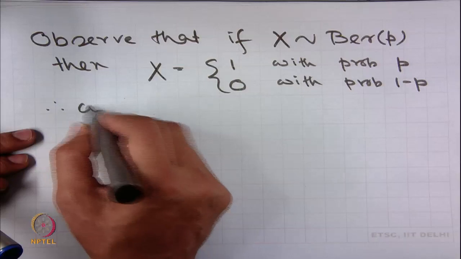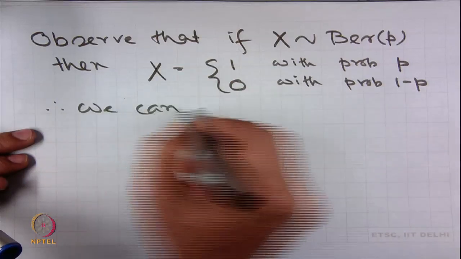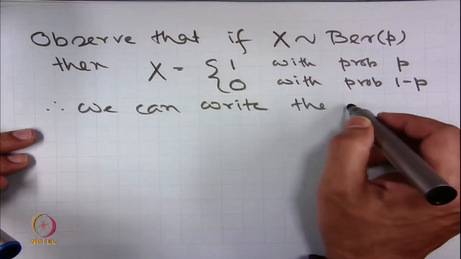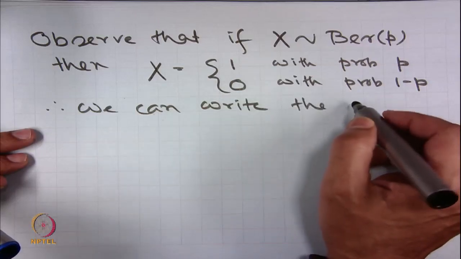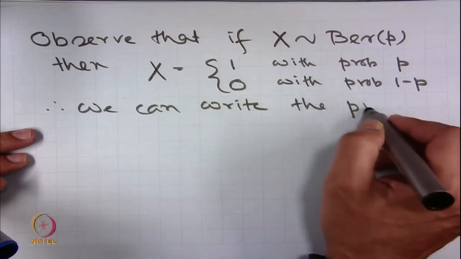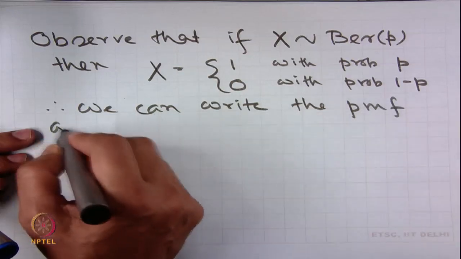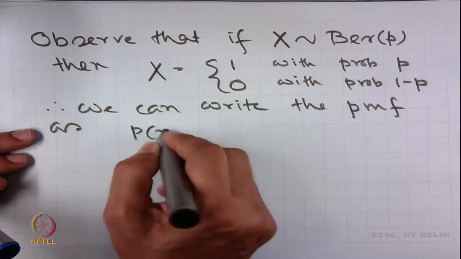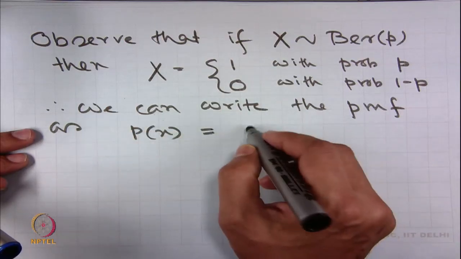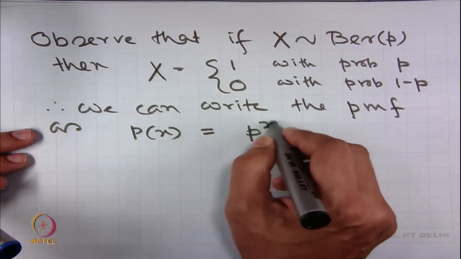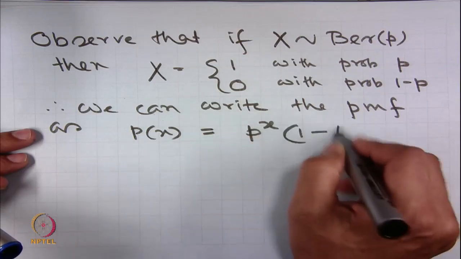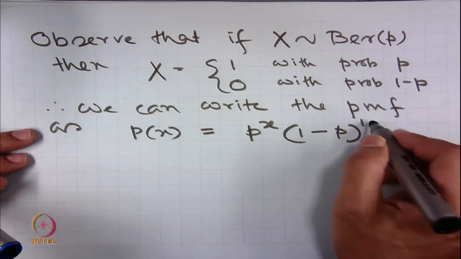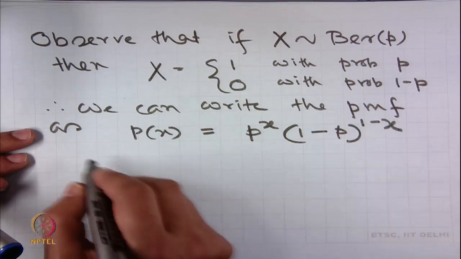Therefore, we can write the PDF or the PMF as P of x is equal to p to the power x into 1 minus p whole to the power 1 minus x.